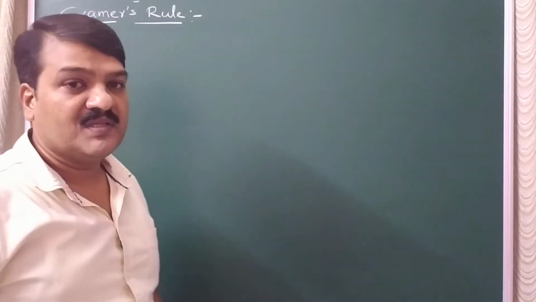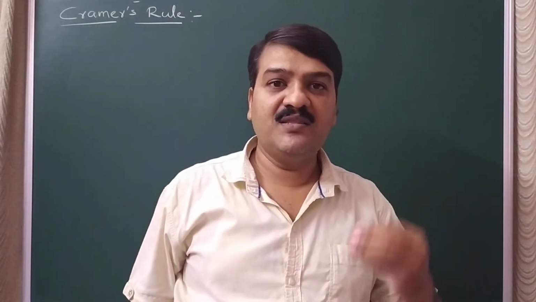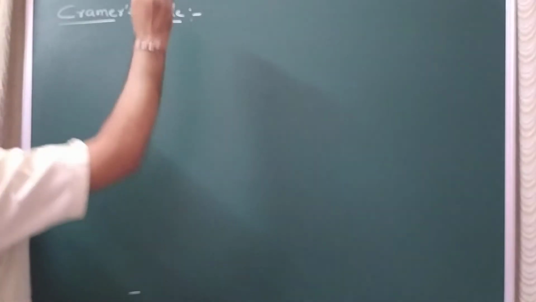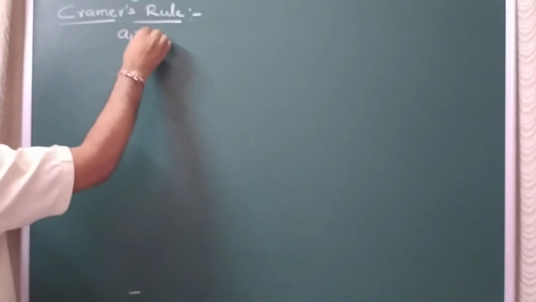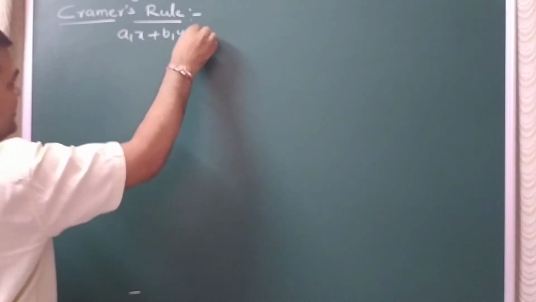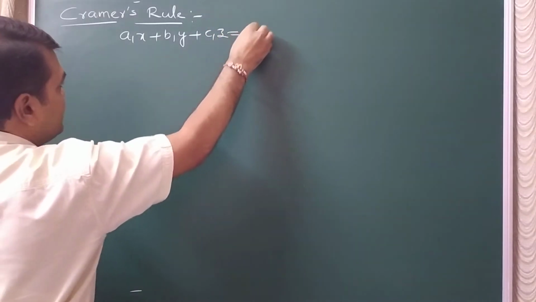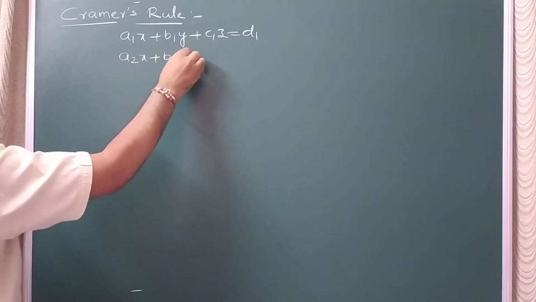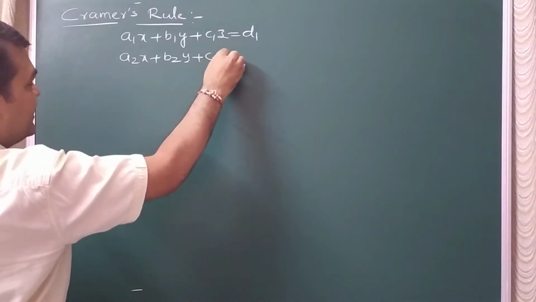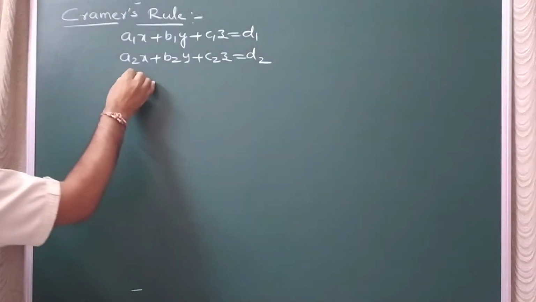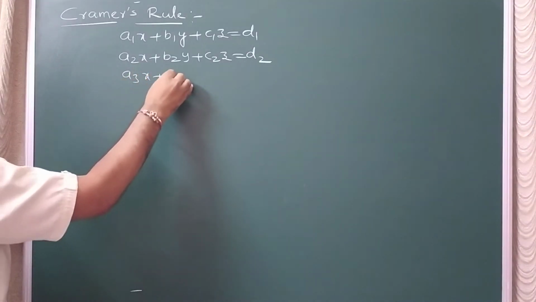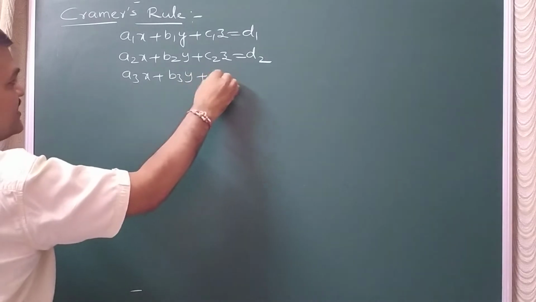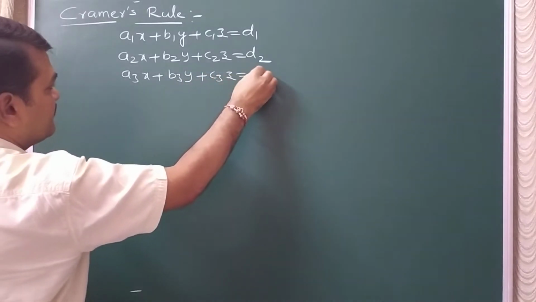So Cramer's rule. Let me take three equations in three variables: a1x plus b1y plus c1z is equal to d1, a2x plus b2y plus c2z is equal to d2, a3x plus b3y plus c3z is equal to d3.